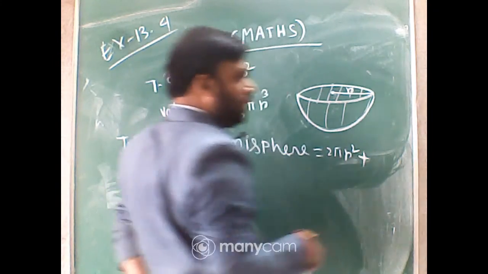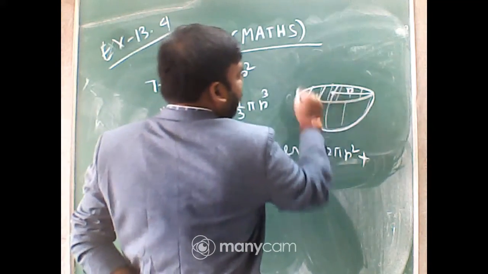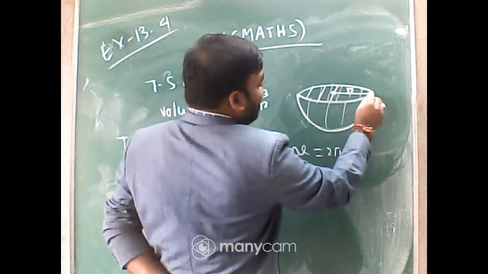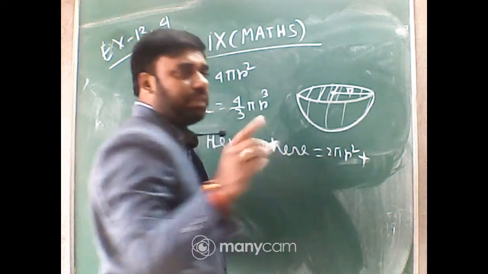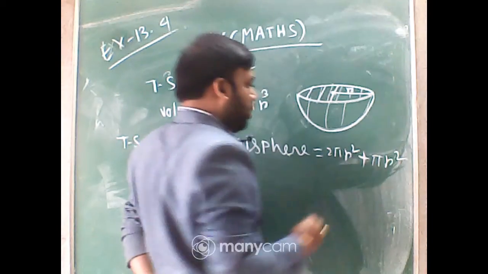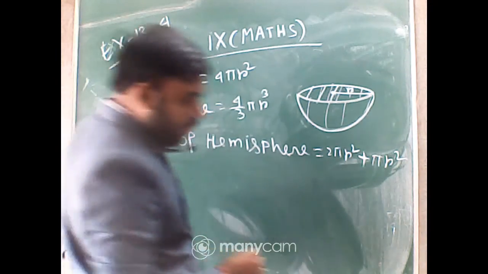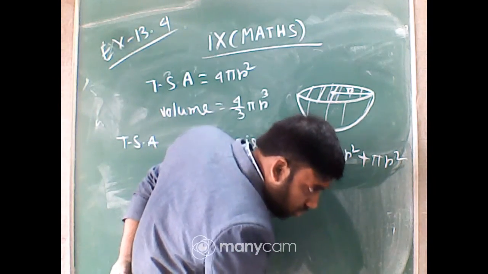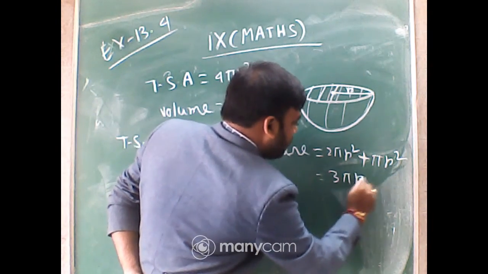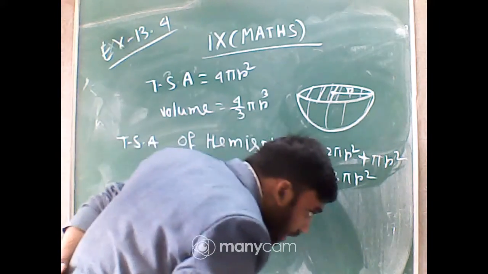And that portion is a plane, and it is also a circle. If radius is r, that circle area is pi r square. So total surface area of hemisphere equals 3 pi r square.